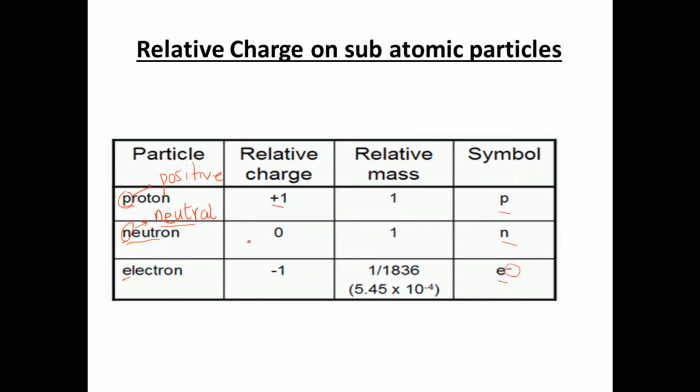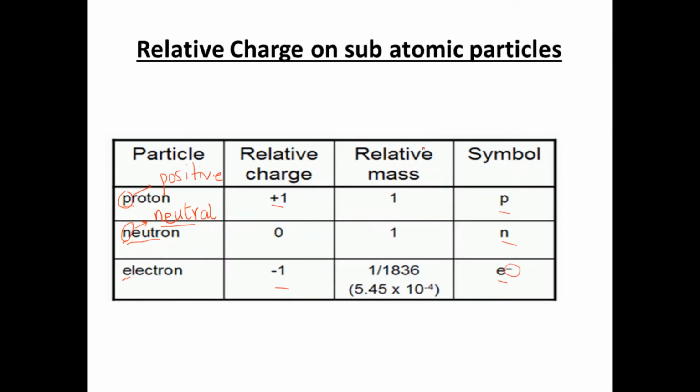Please remember that neutral means no charge, and electrons have a negative charge. If one particle is positively charged, and neutrons are neutral in nature, then the electron is left, which has to be negatively charged. So remember, if you forget what is the charge on a proton, quickly remember P for proton, P for positive, plus charge. N for neutron, N for neutral, they have no charge, and electrons have a negative charge.